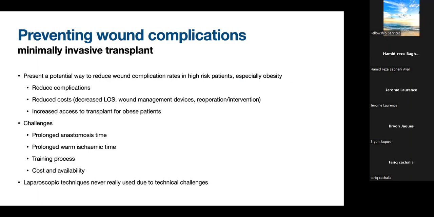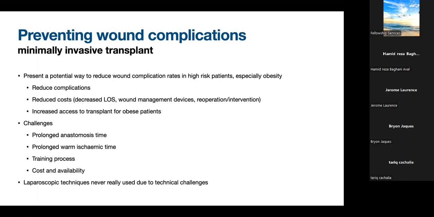Minimally invasive surgery is another thing that's becoming more talked about, especially in the setting of wound complications. We know these patients are high risk and have high wound complications, and overall minimally invasive surgery can be used to reduce complications and reduce costs, such as length of stay in hospital, fewer wound management devices and fewer re-interventions, and also increase access to transplant for obese patients.